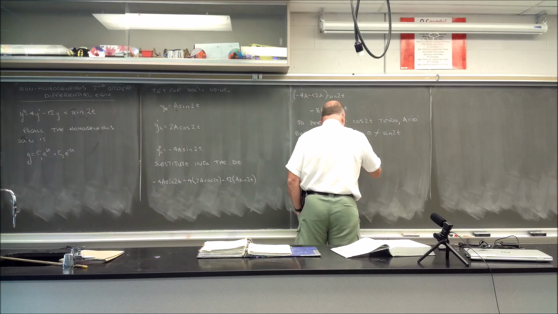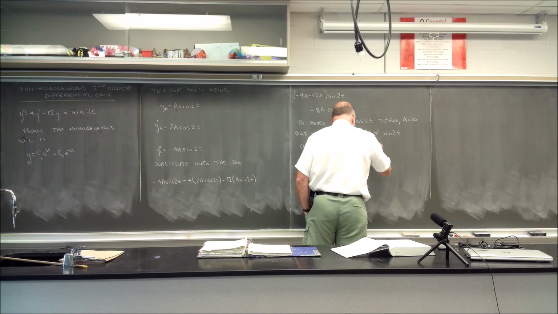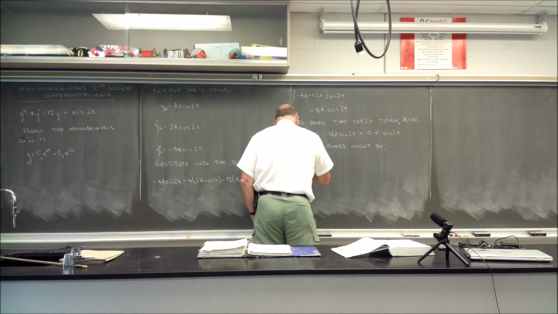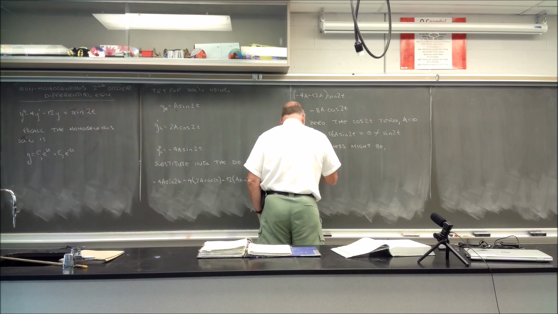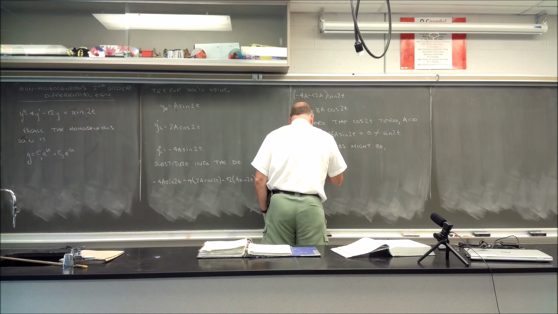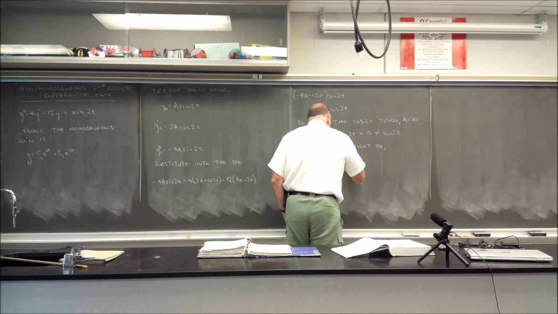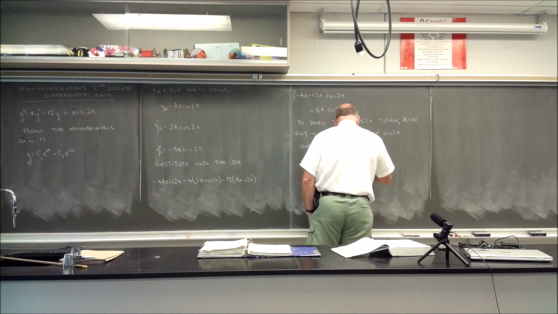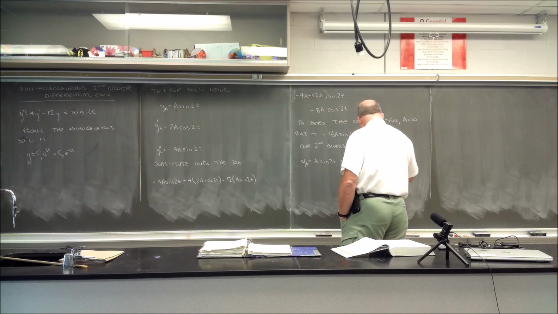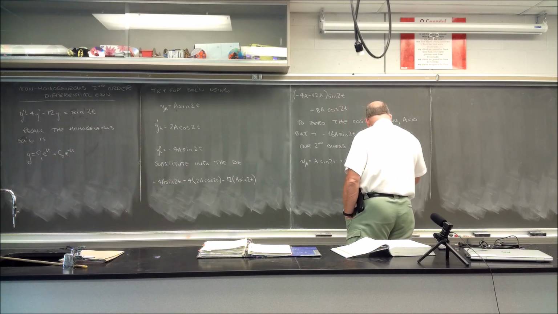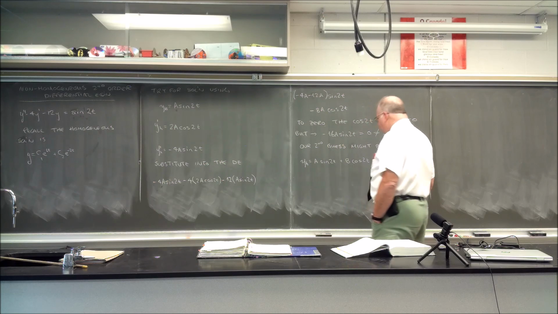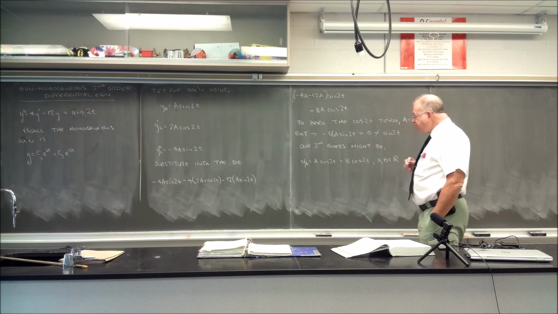So our second guess might be y sub h equals a sine 2t plus b cos 2t. And again, reminding that a and b are real, and they're generally constants.